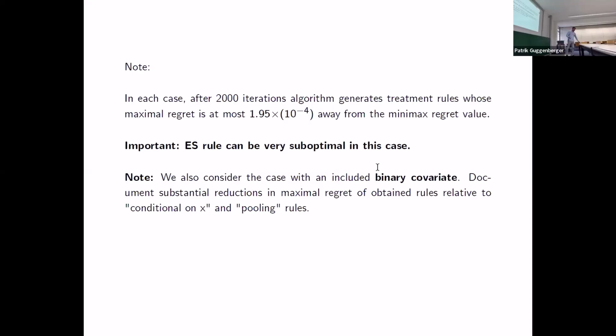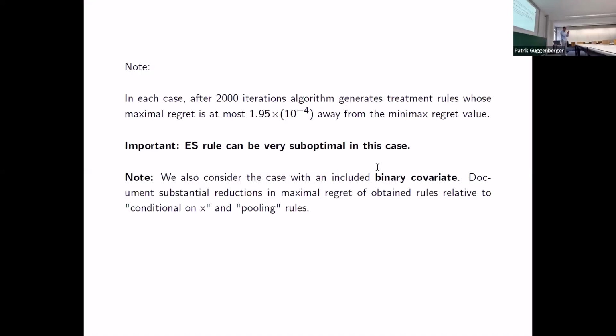So when you have say a binary covariate, let's say male, female, then if you believe that treatment outcomes are very, very close on the different genders, then it makes sense to just pool the data. When you have to make a decision of what treatment to apply to males, you are incorporating the data from females.